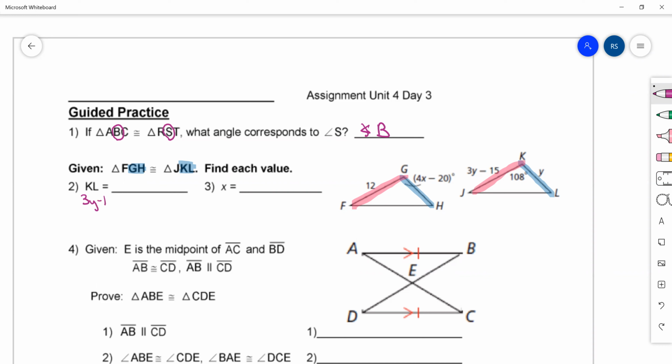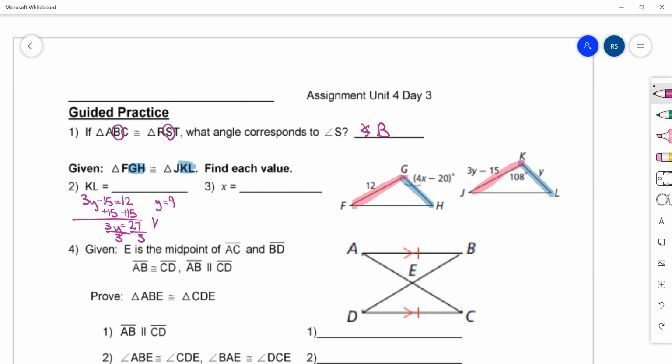3y minus 15 equals 12. Add 15 to both sides. We get 3y equals 27. Divide by 3, and we get y equals 9.